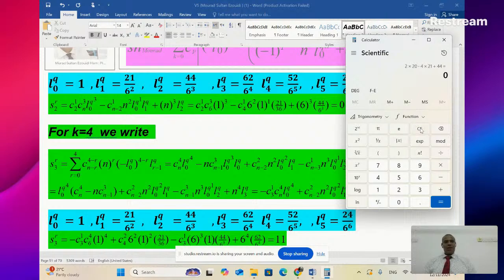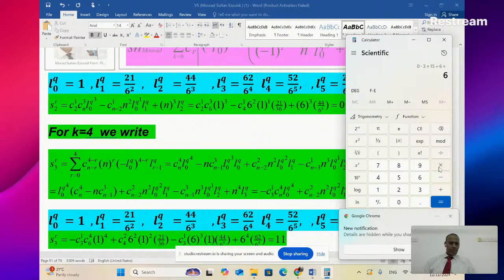Therefore, I will just now write what exactly: negative 3 times 6 choose 4 is 50. So negative 3 times 50, minus 44 times 50, plus 4 choose 2 is going to be 6, plus 6 times 21, simply because 6 squared divided by 36 is 1, so multiply by 21.